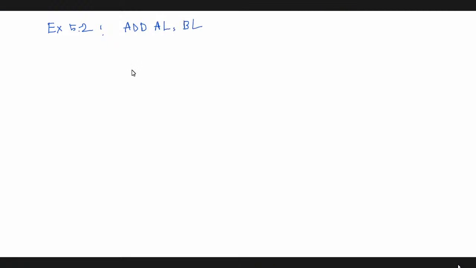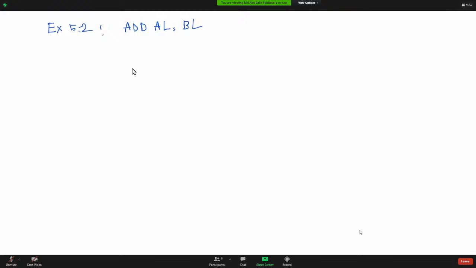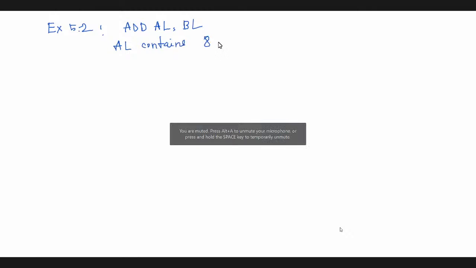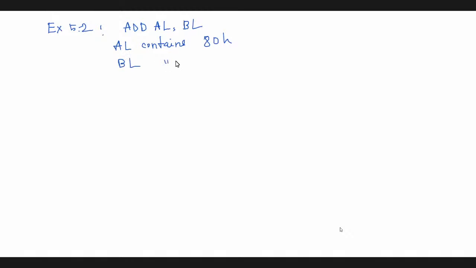Thank you. So we have a problem. The problem says we have to add AL, comma BL. Okay, it is given that AL contains H0 and BL contains H0 again.